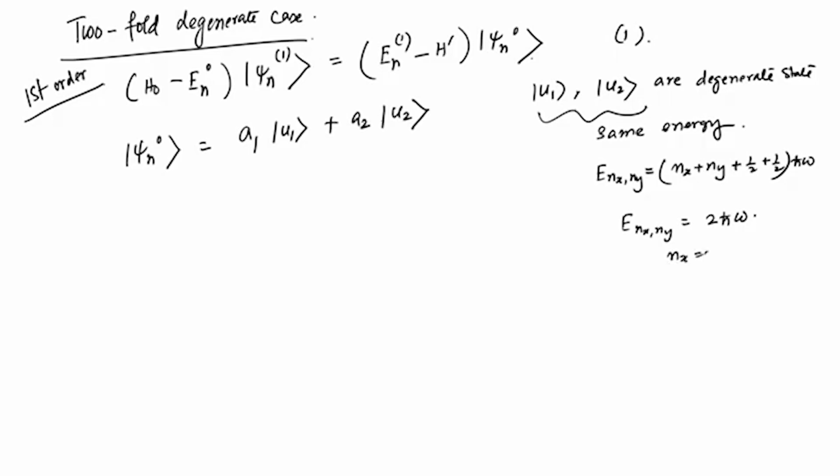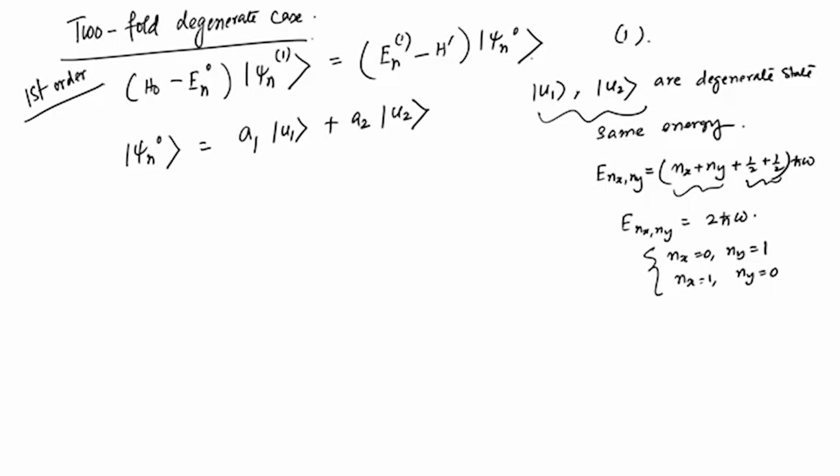Then nx can become 0 and ny can become 1, or nx can become 1 and ny will become 0, and these two will give rise to a two-fold degenerate state, which is very similar to the one that we are talking about. So, 1, these two put together will make it 1.